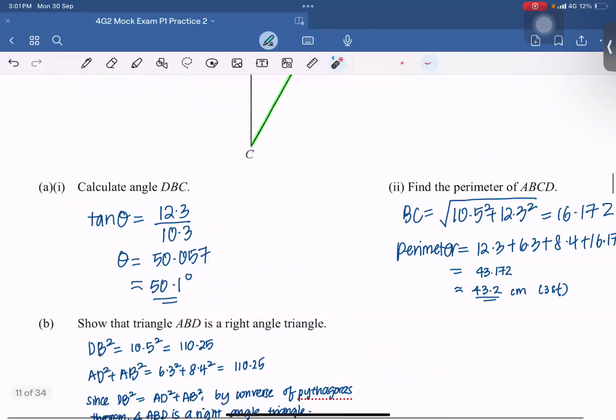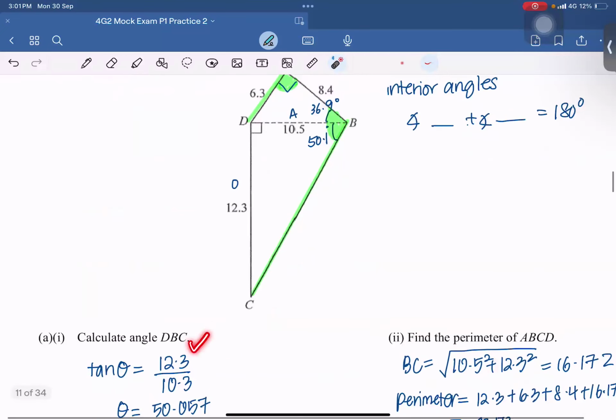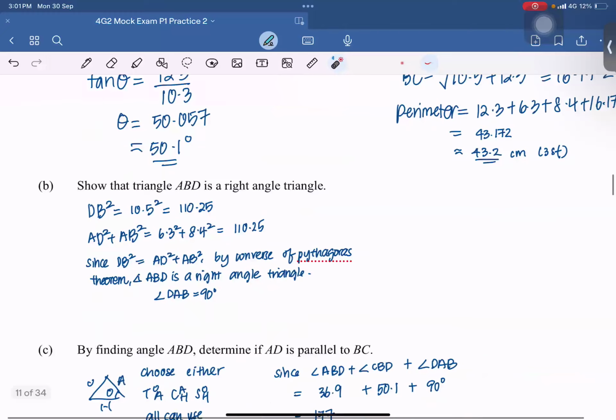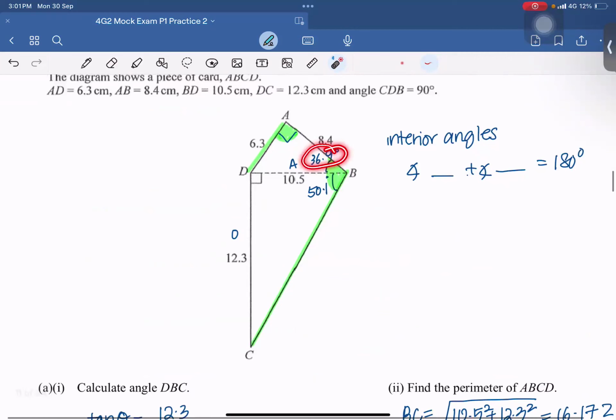Okay, right? So if I already know that this is definitely 90 degrees, and I found my angle in part A. Part A asked me to find this angle. Now the question remaining asks me to find this angle and check whether these two lines are parallel to each other or not. So what I need to do is make sure the 3 angles add up to 180. So what I did is I found the small angle at the side here.